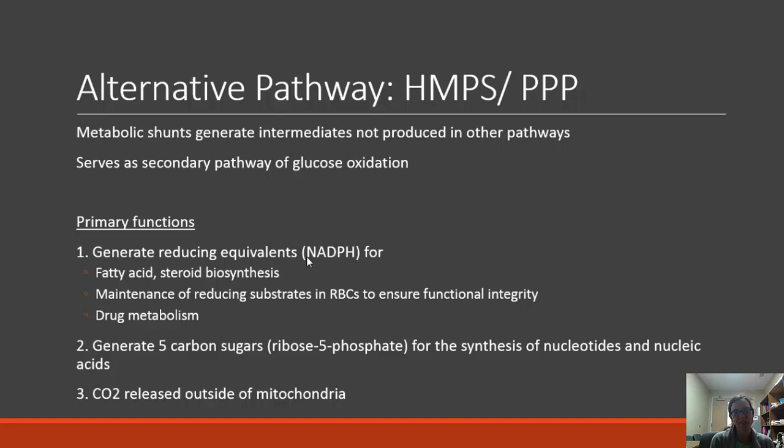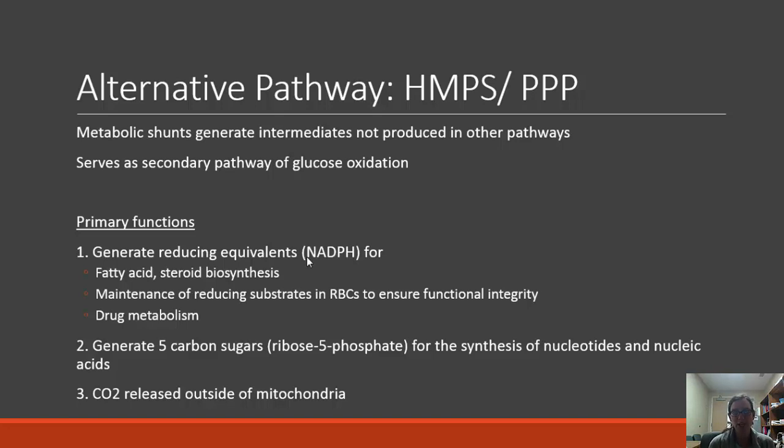So the first one that we produce is NADPH, and we use NADPH for fatty acid and steroid biosynthesis, and we'll talk more about that in the lipid section. And it also helps the red blood cells to maintain functional integrity and membrane integrity, and we also use NADPH for drug metabolism.